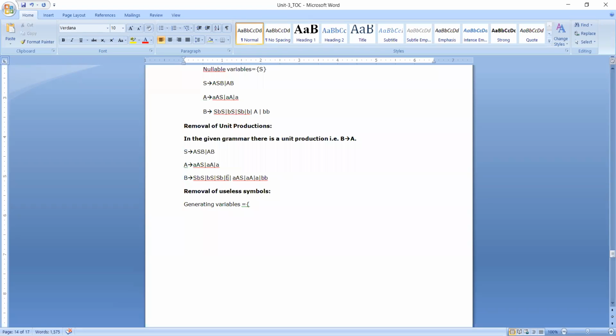B. Okay, now let us check whether the variable capital A is generating or not. Please check, is capital A deriving some terminal string directly or not? You can see here, capital A derives small a. Is it deriving directly or not? Please check. So this generating can happen either directly or indirectly also. Understand?